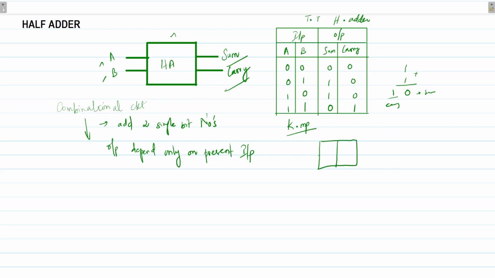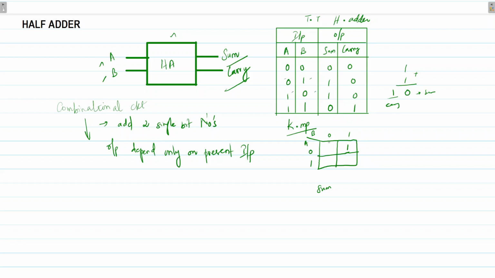This is for sum. So the input bits are A and B. You know that it's 0 1 and 0 1. So for 0 0 it's 0. For 0 1 you have the sum as 1.